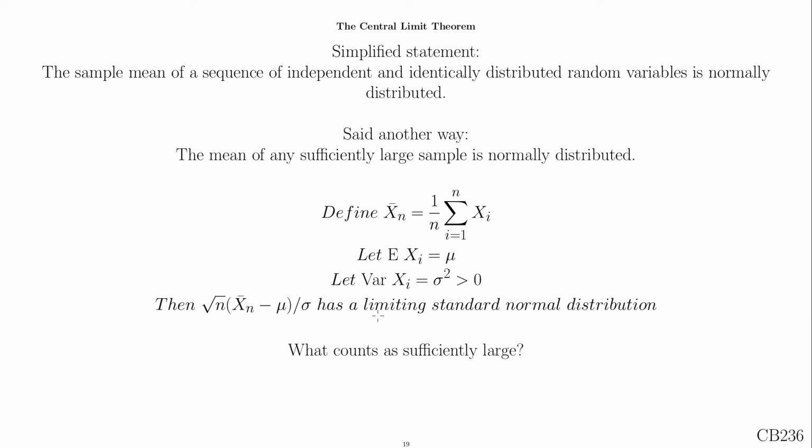Right? In part of this definition, you take the limit as n goes to infinity, but what really matters here is that having this form around this x bar n means that by definition, x bar n has to be normally distributed.